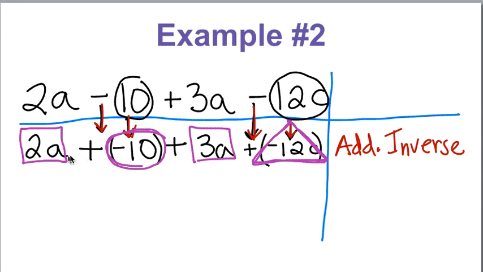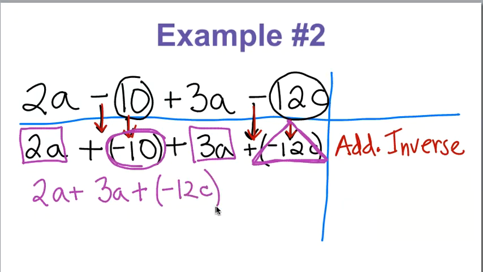So once I identify my like terms, I'm going to rewrite them using the commutative property so that my A's are together. Then I'll write my C, my negative 12C. Remember, alphabetical order. And then I'll finally write my constant.